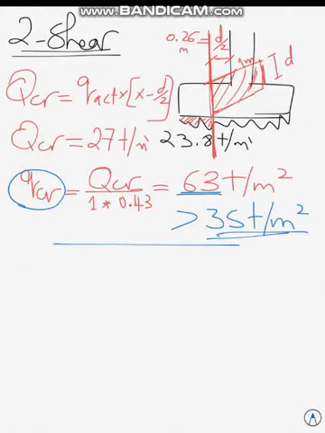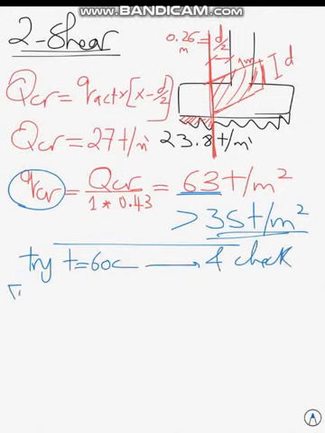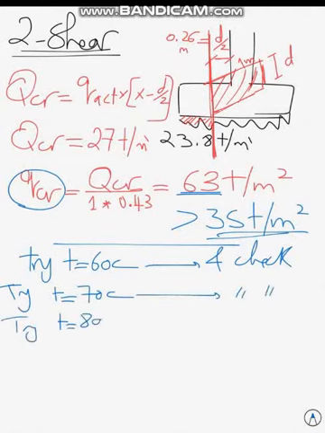Otherwise I need to try certain cycles: try a thickness equal to 60 centimeter and check. At each cycle you have to increase the thickness by 10 centimeter. Try 70 centimeter and check, and if it's not safe, you have to increase again. At 80 centimeter, the depth after subtracting the 7 centimeter cover, I estimated the critical shear force.